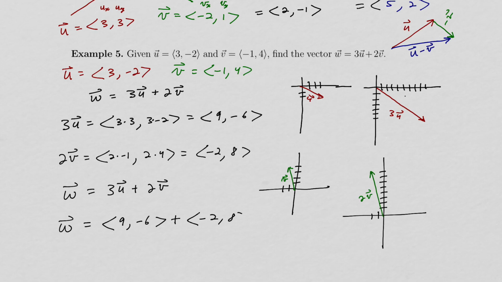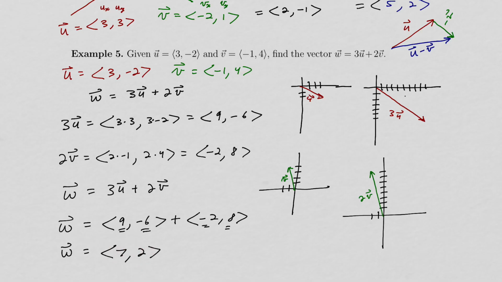So now I just add the x components together. I'm going to get 7. And then the y components together, and I'm going to get 2. So if I add this 3u plus 2v, I should end up with like 7, 2.